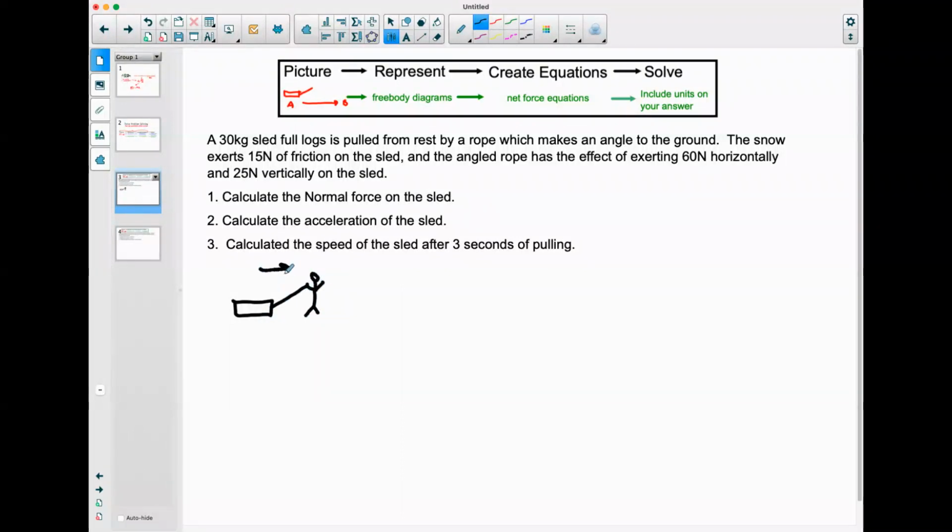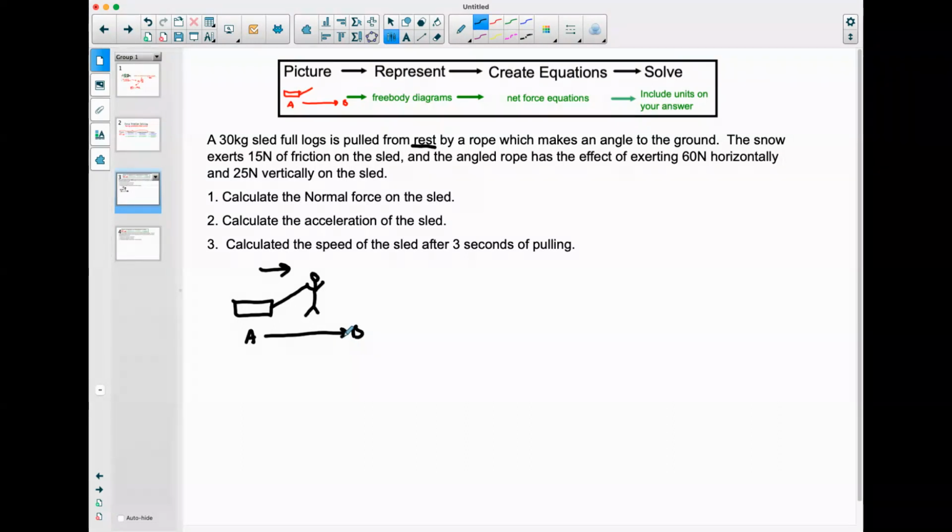And they're going to be pulling it this way. They're going to start at point A. And it says it starts from rest. And I'm going to pull over. And at some point later, 3 seconds later, it looks like it's going to get to point B. So that's our little picture of what's happening.